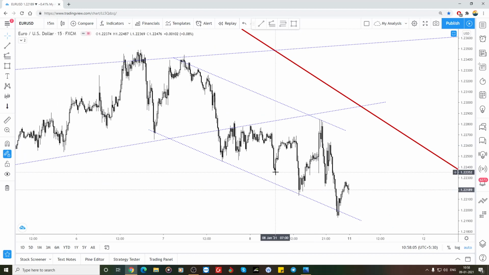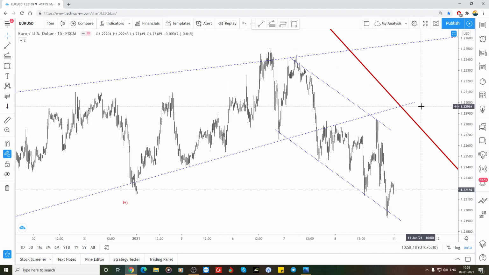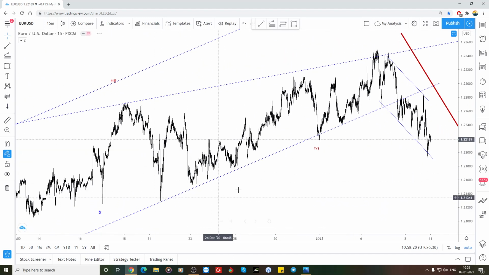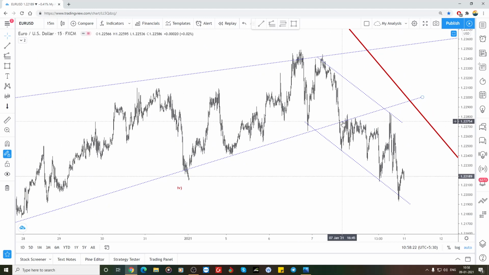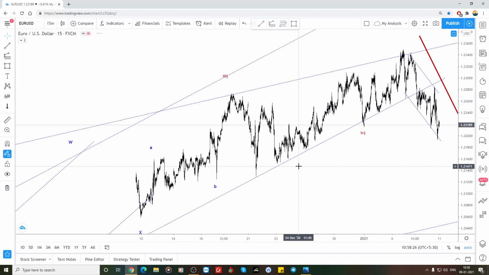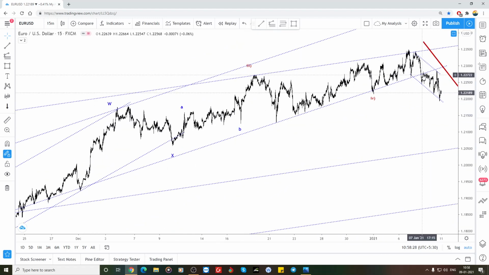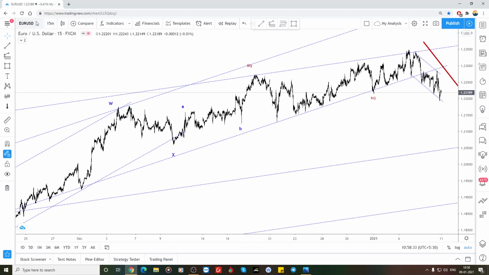It has already, it's a B, C is a B on C. So this could be a fourth, but the fifth wave is not looking like a 5-wave structure. So it may make one more low, and then again a 3-wave structure to the upper side. And this channel is already retested 2 times nearest to that. So this is accepted as a resistance zone, and again it came back. So let's see.